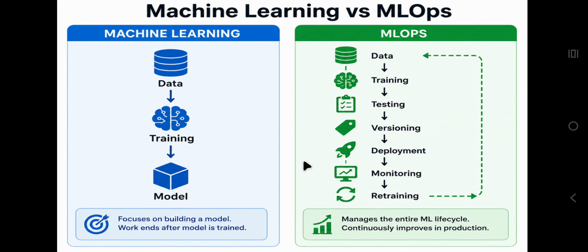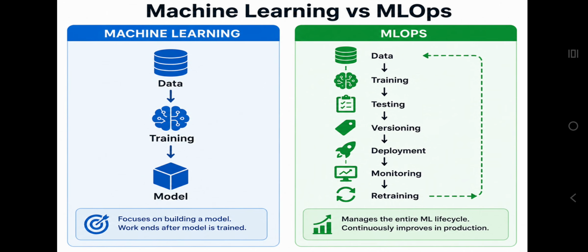And this is the exact difference between the machine learning subject and the machine learning operations subject. On the left side you can see that machine learning is mainly composed of three steps: data, then training the model, then deploying the model and seeing whether the performance parameters are okay or not.